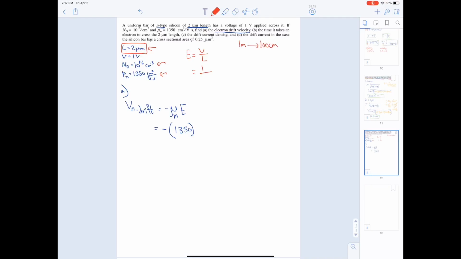If 1 meter is equal to 100 centimeter, then what is 2 micrometer? You just multiply this number by 100. This will give me 2 times 10 to the power of minus 4 centimeter. Taking this number and plugging it in here will give me 5,000 volt per centimeter.